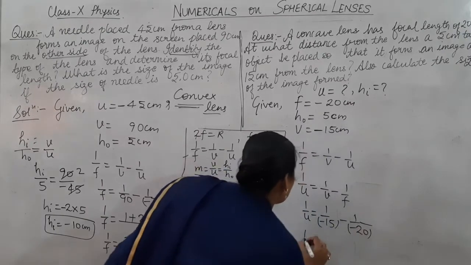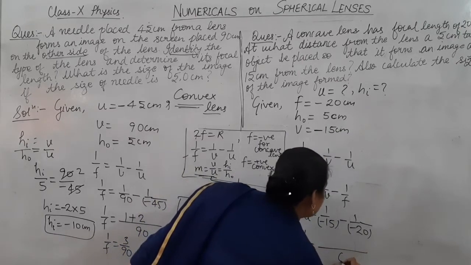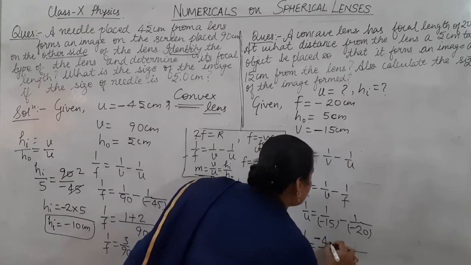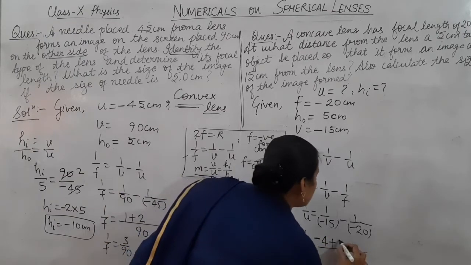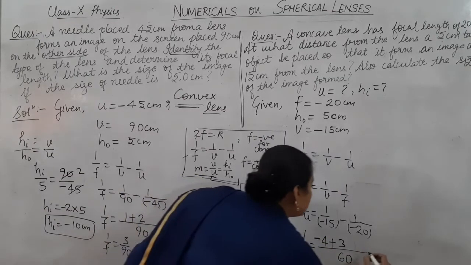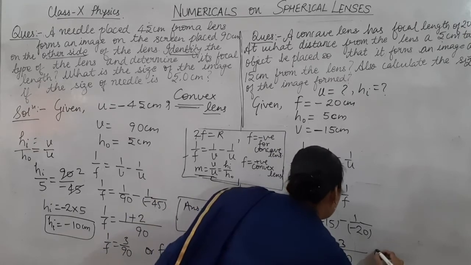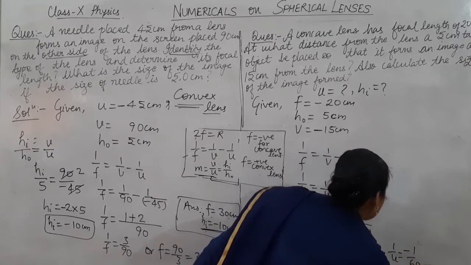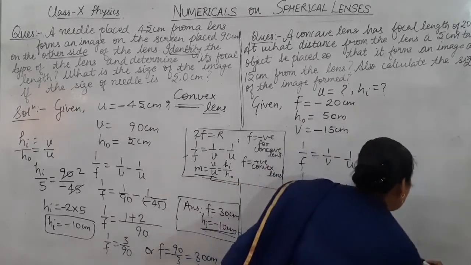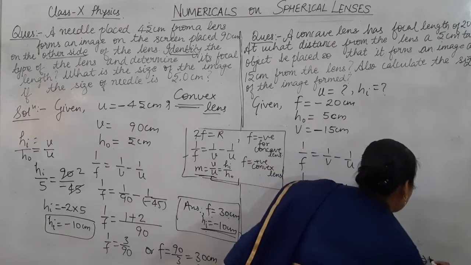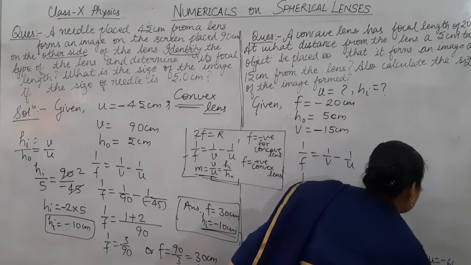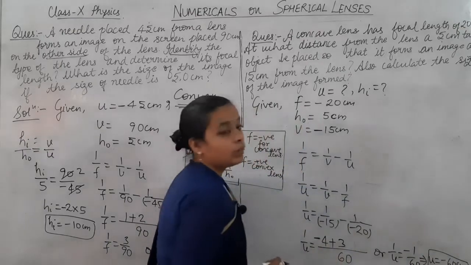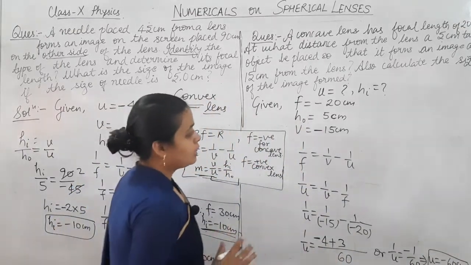Taking LCM we get 60: 15 times 4 is minus 4, minus minus plus 3. So 1 upon u is equal to minus 1 upon 60, which means u is equal to minus 60 centimeter. It should be minus, and it has come in minus, means our answer is correct.